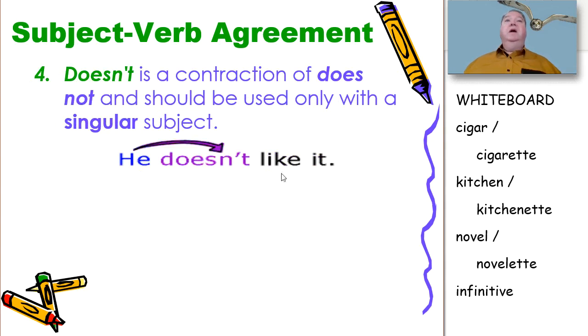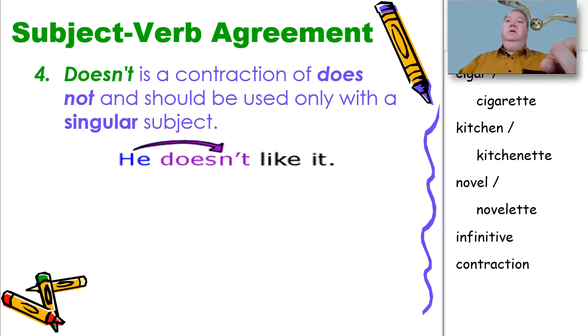Number 4, doesn't is a contraction of does not. We've talked about contractions before. A contraction is when you have two words, like does not, and you join them together.